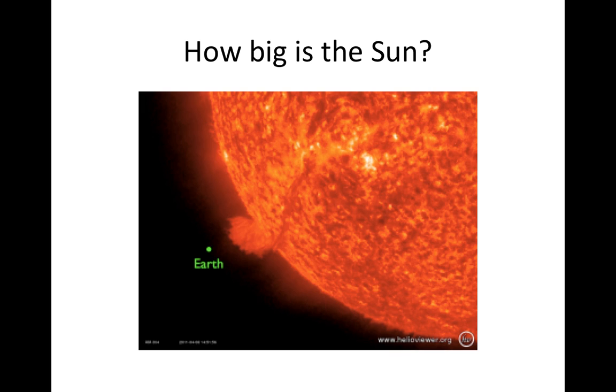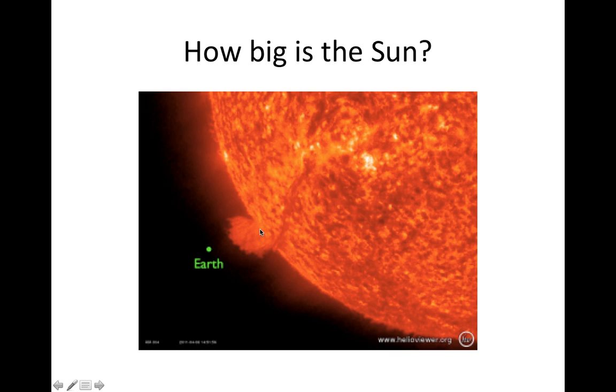This is a little picture that I found very interesting that shows the sun in perspective to the Earth. That little green dot would be the size of the Earth. Imagine how massive the sun is, that one of these small flares of the sun is actually thousands of kilometers into space, and is much larger than the Earth.